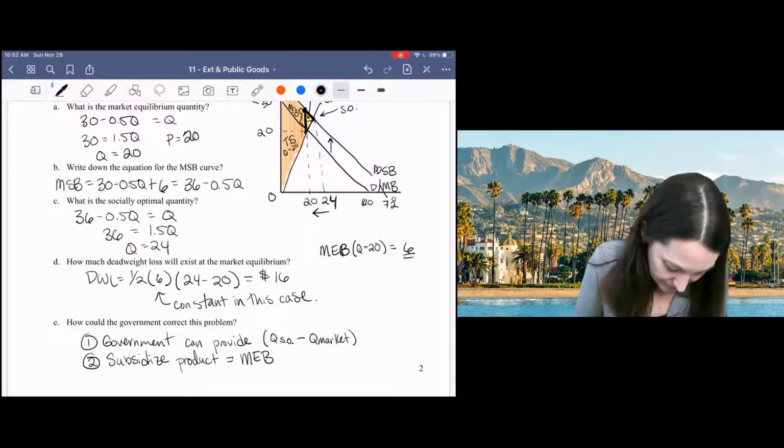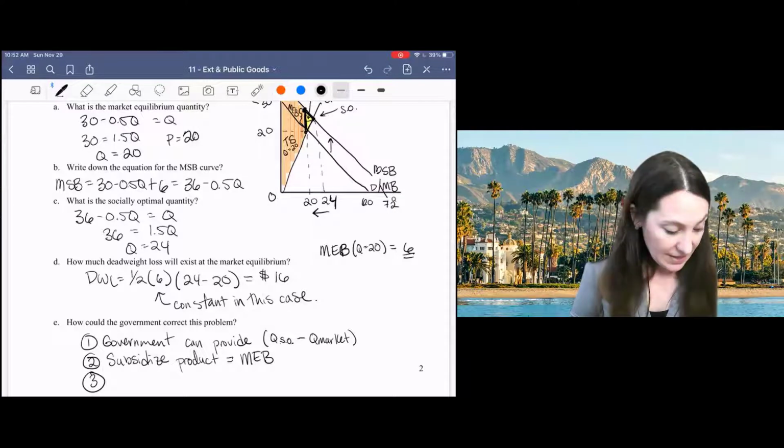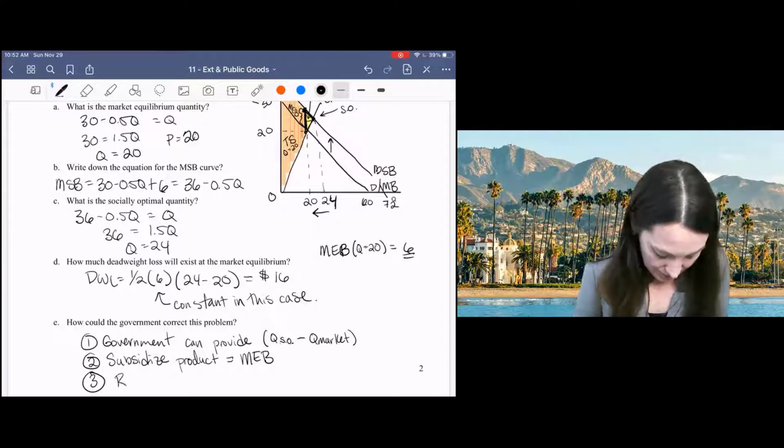Okay. The third is really, if this is something that we need people to be purchasing, then we can require people to purchase it.